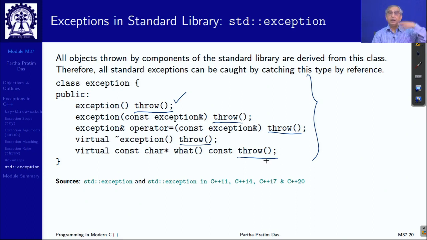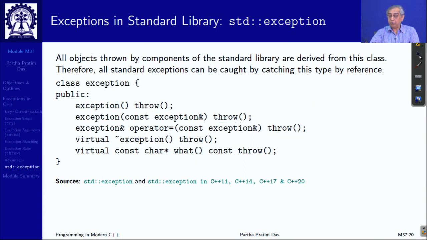Otherwise you are trying to build that exception object and that throws, and again you are trying to build an exception object, so this will be an infinite loop. So, these have exception guarantees. You have the constructor, the copy constructor, the copy assignment operator, the destructor, and a special what function where you can put a message that you can extract later on.